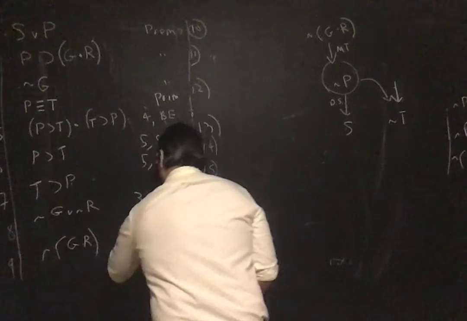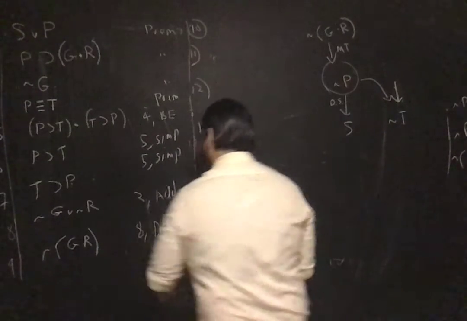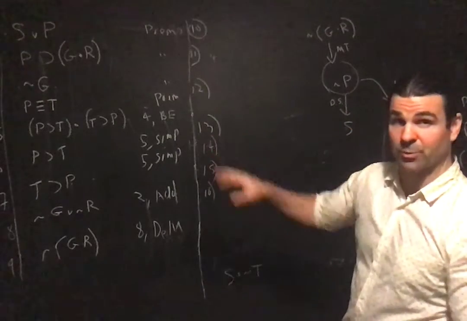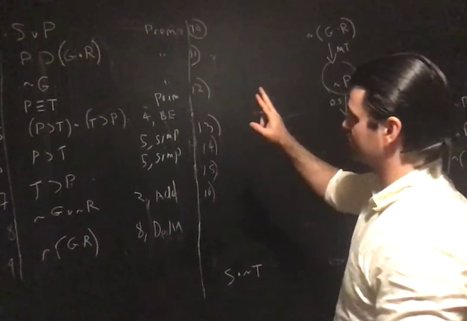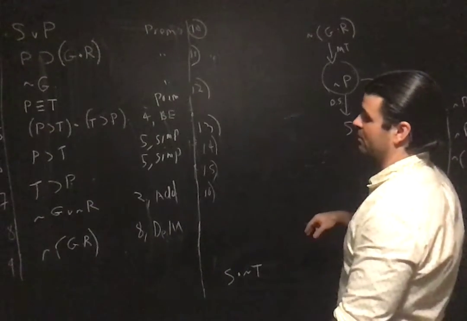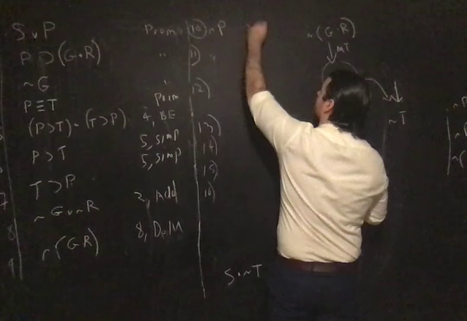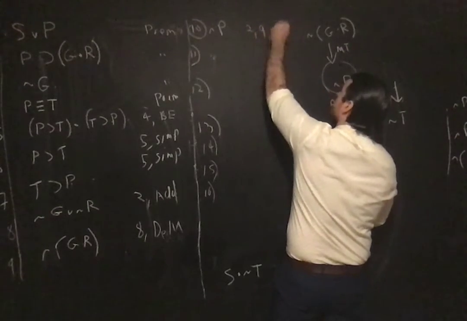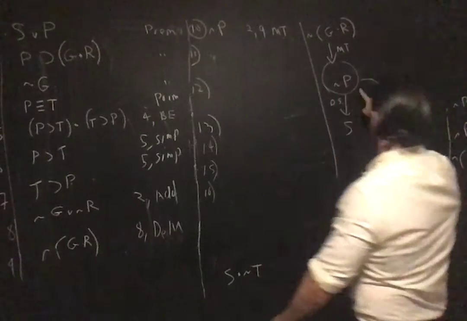Step 8, De Morgan's. Now I can do the modus tollens, 2 and 9, which gives me not P. 2, 9, MT, modus tollens. And that got me home free.